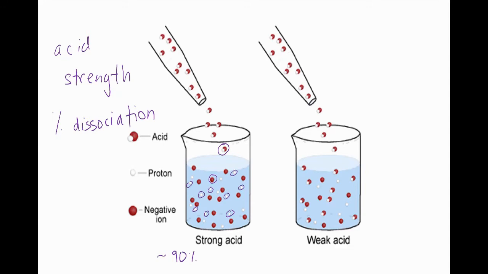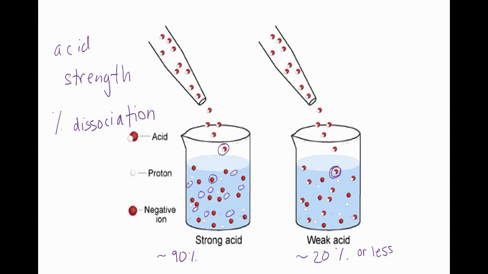Now on a weak acid, you have much less dissociation, so like 20% or less, okay? And so what you'll notice is that a lot of the molecules have stayed connected even though they're in water, while only some of them have dissociated or broken apart from their negative ions, okay?